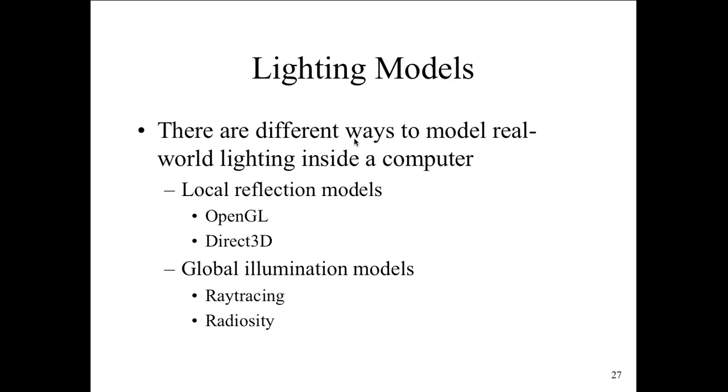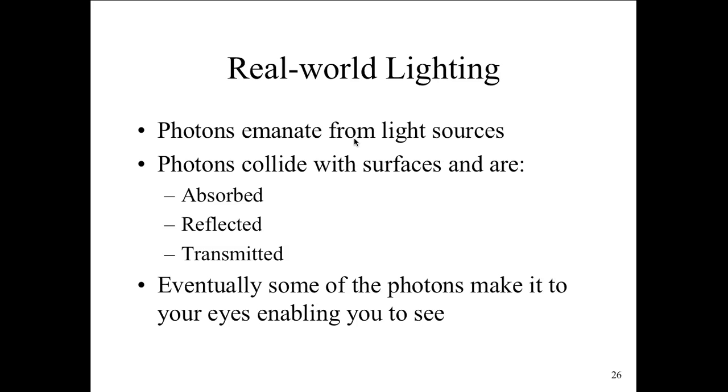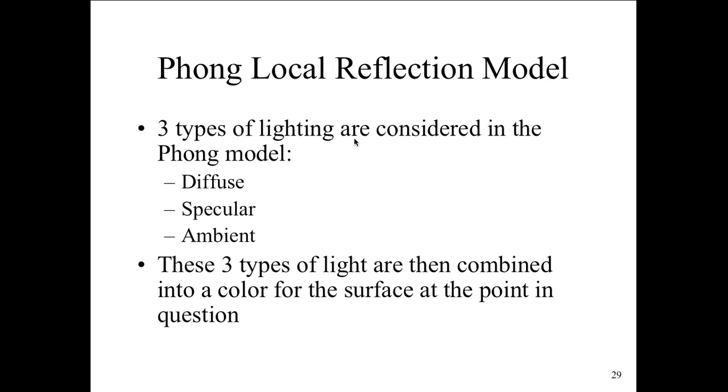None of them are using ray tracing. The lighting models themselves, in terms of real-world lighting, fall under the categories of absorbed, reflected, and transmitted types of light. The APIs define the three categories in terms of the models that are put together. This particular model defines diffuse, specular, and ambient.